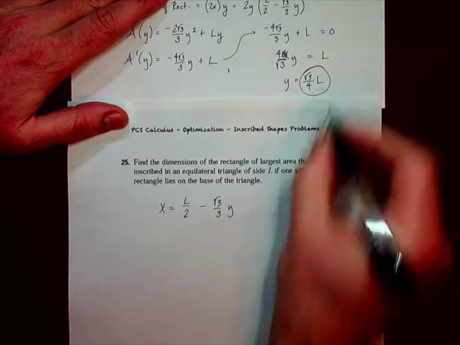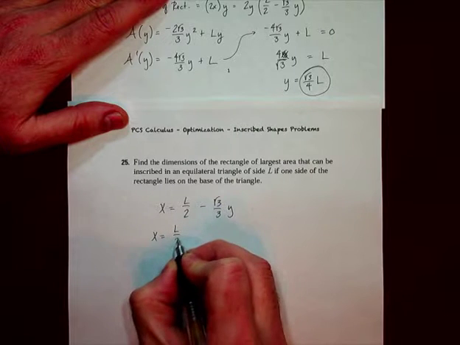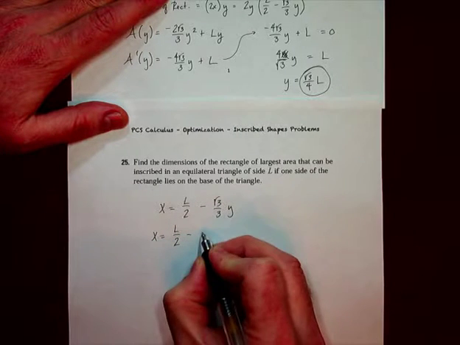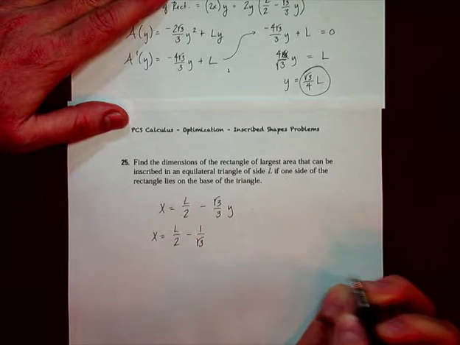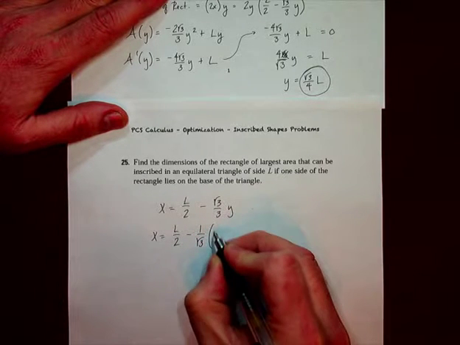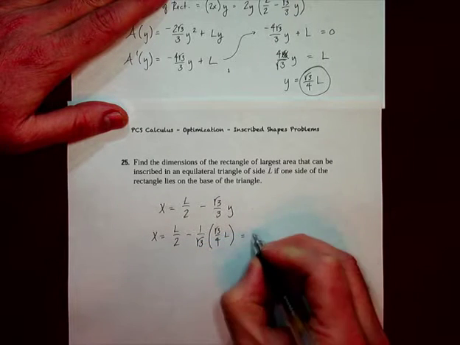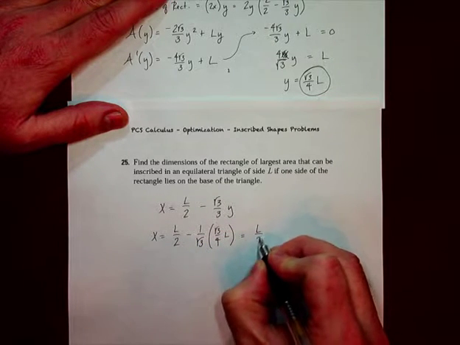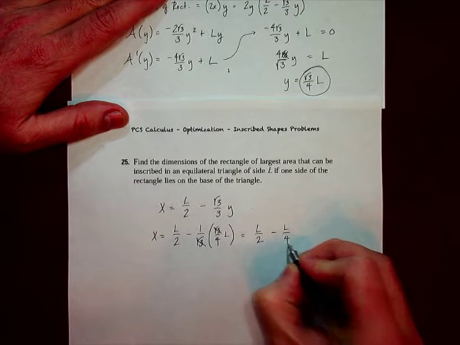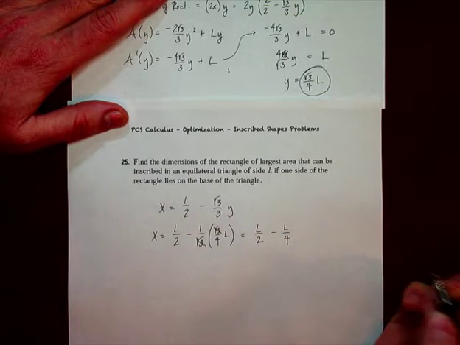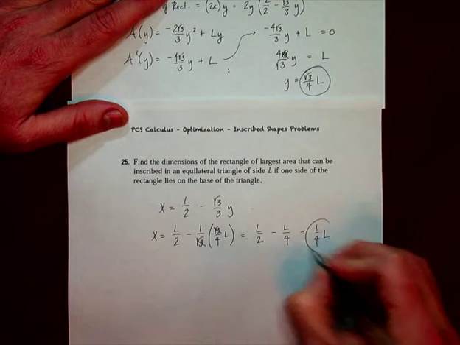And if I take this value right here, x is equal to L over 2 minus, and of course, I'm going to change the form of this coefficient to 1 over root 3 times root 3 over 4 L. That's going to be L over 2 minus L over 4. So 1/2 L minus 1/4 L is going to be 1/4 L.